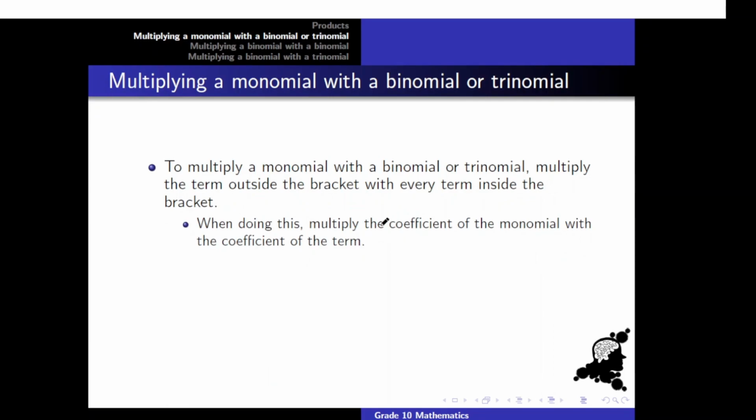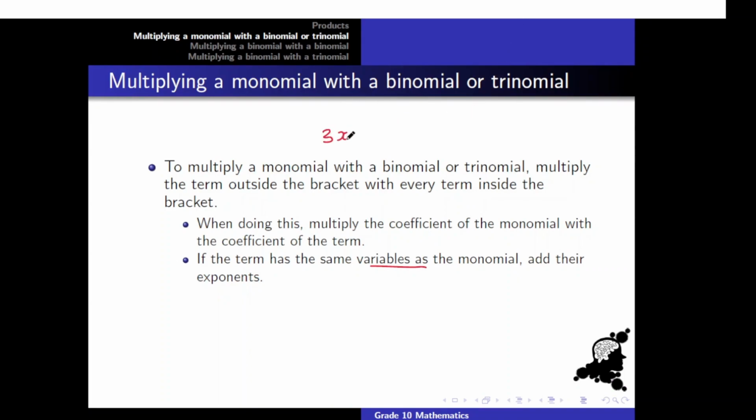When we do this, we need to multiply the coefficient of the monomial with the coefficient of the term we're looking at. I'll show you an example in just a second. After multiplying the coefficients, if the term has the same variable as the monomial, we need to add the exponents. If we could look at a very quick example.